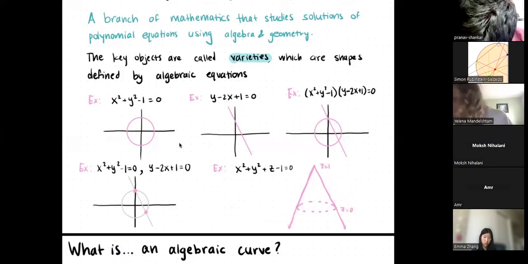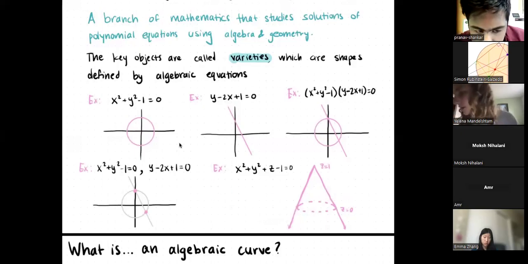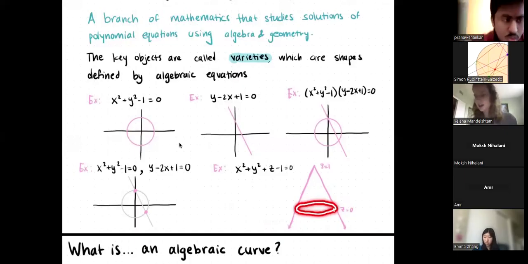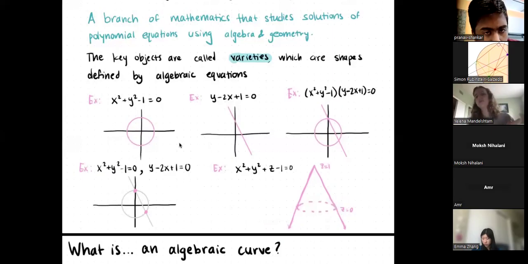For example, if we define it by an easy polynomial, z equals 0, then we end up with a cross section, just this circle right here, which is now one-dimensional. So usually, if we have d variables, we live in d-dimensional space, and if we have d minus 1 polynomials, most of the time we'll get a one-dimensional variety.